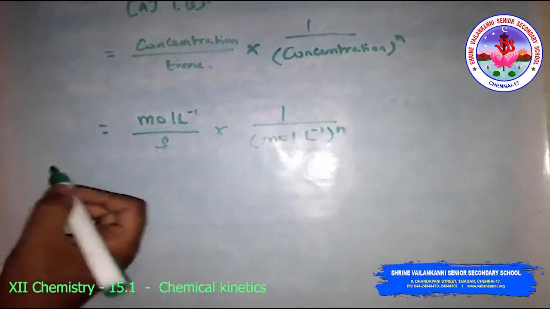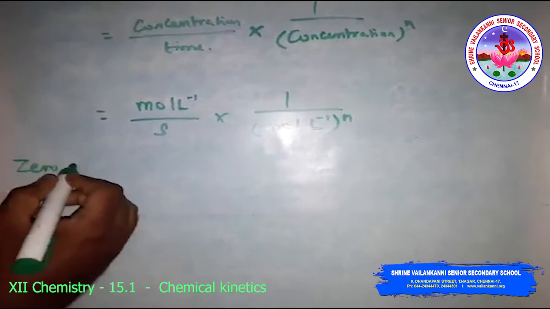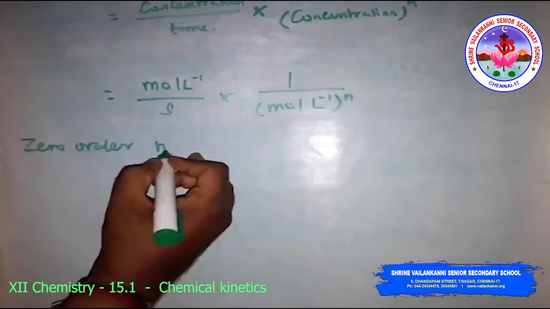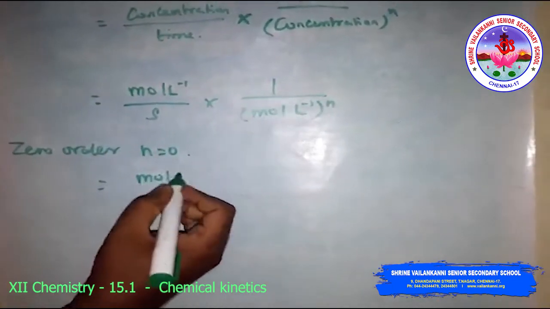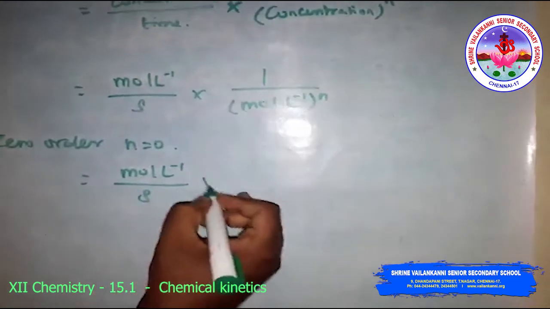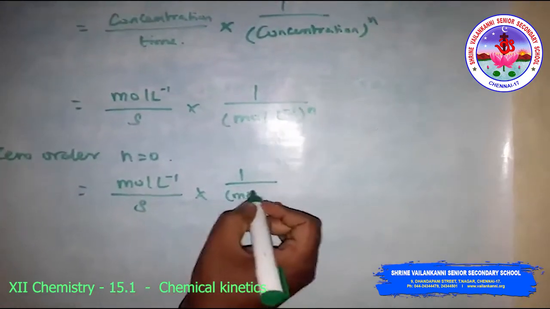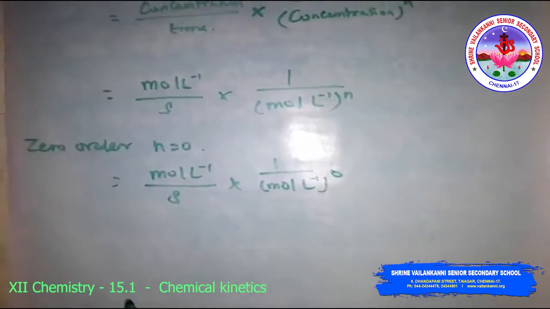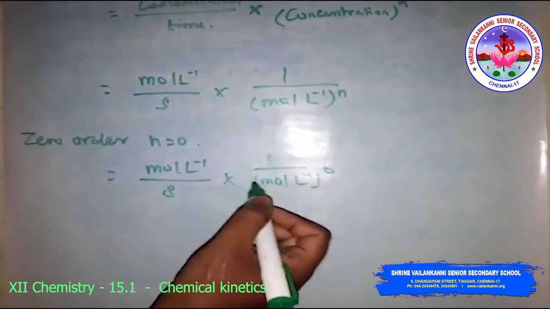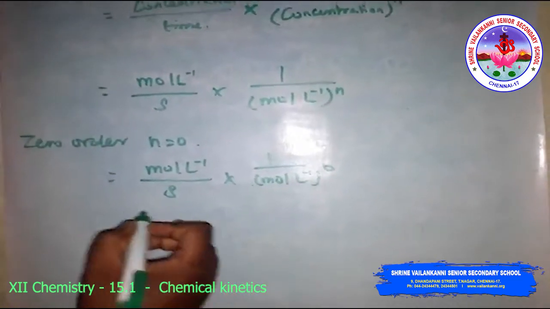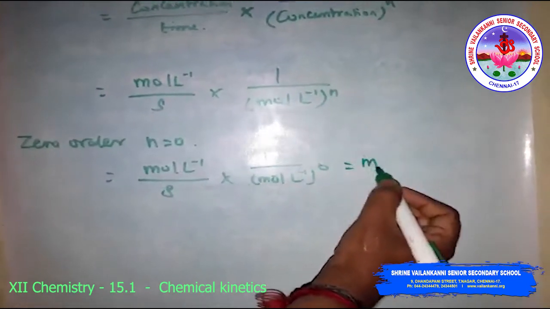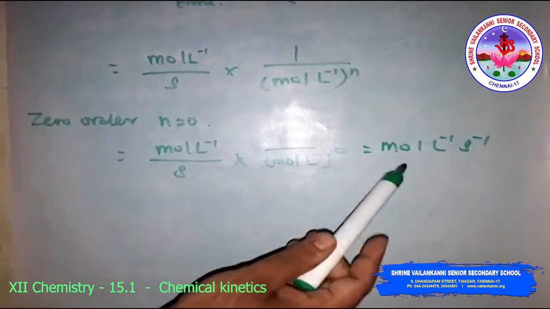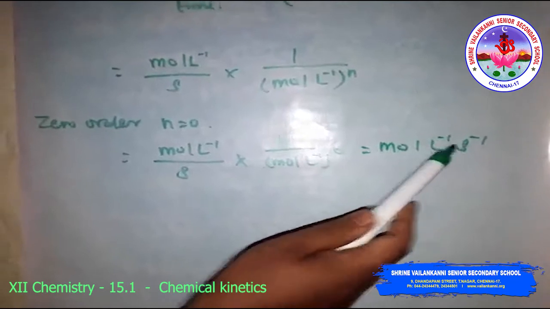For a zero order reaction we substitute n equal to 0. So we get mole liter inverse divided by second into 1 divided by mole liter inverse power 0. The whole term is 1, so the unit is mole liter inverse second inverse. For a zero order reaction, the unit is mole liter inverse second inverse.